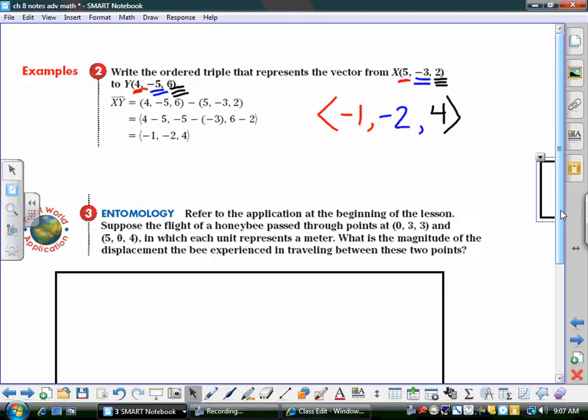Now we can also change that into a magnitude of that vector. When we found the magnitude in the last section, we did the Pythagorean theorem, x squared plus y squared equaled magnitude squared. Same sort of thing.